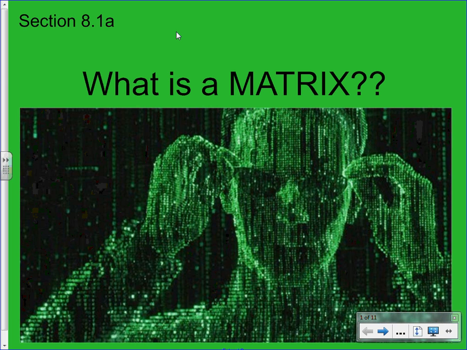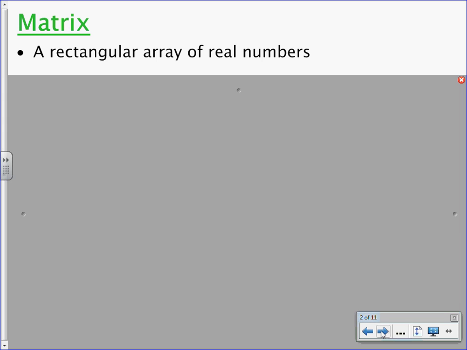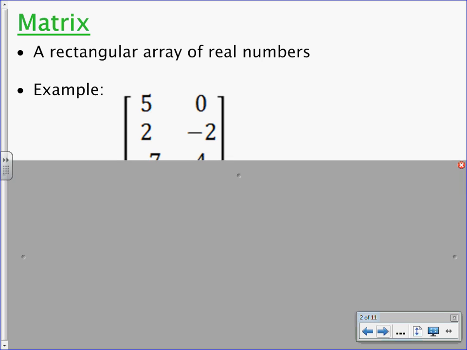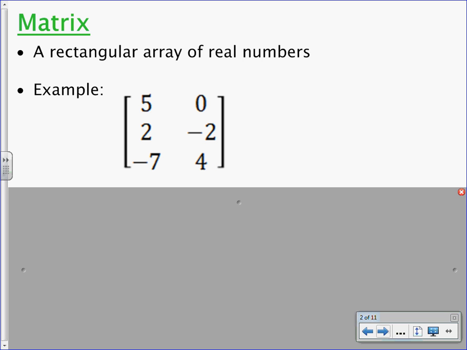All right. So what is a matrix? A matrix is a rectangular array of numbers, much like this. It kind of looks like a table, right?